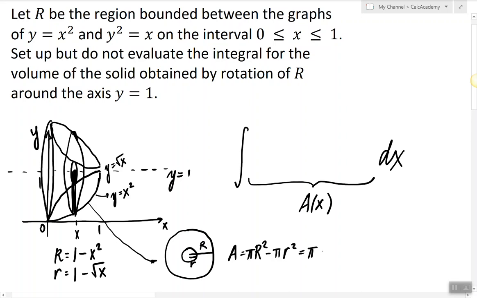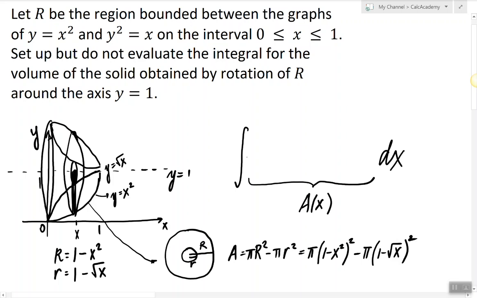So we're going to have the following result. Now, this is my area of the cross-section formula with respect to x, and this is exactly what goes as an integrand into this integral that we're creating.